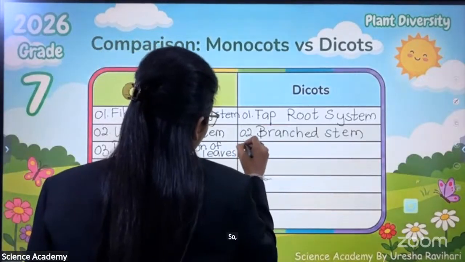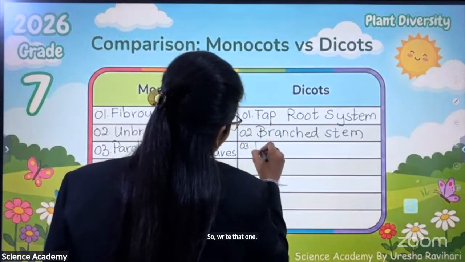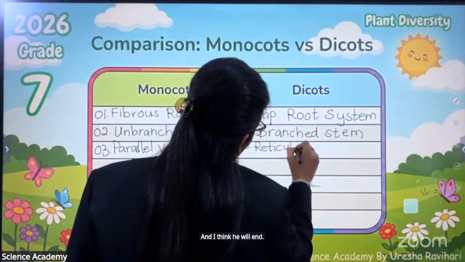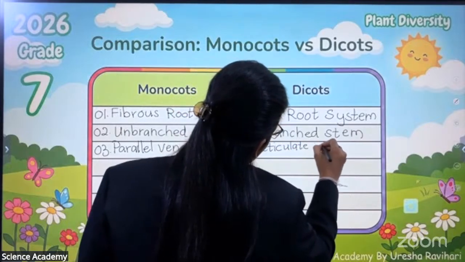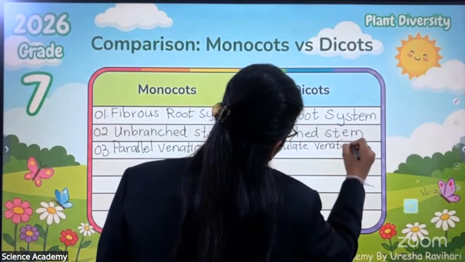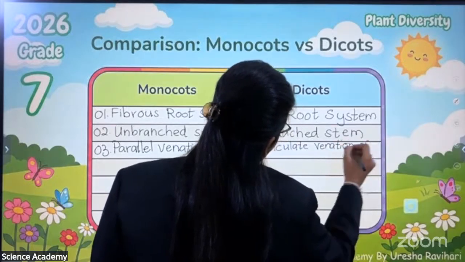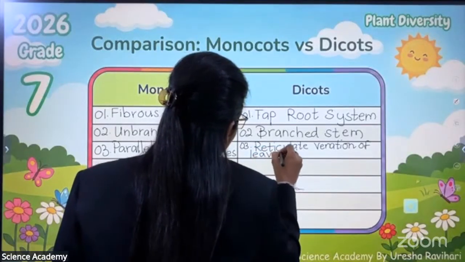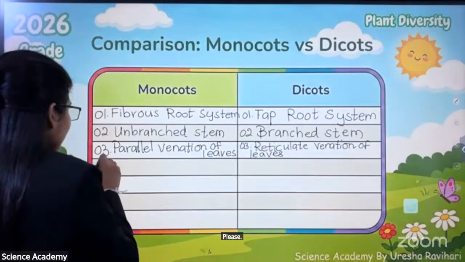Dicots have reticulate venation of leaves.